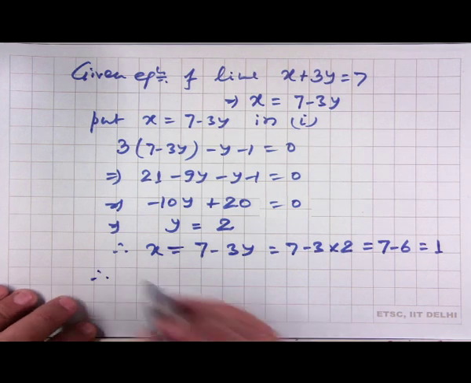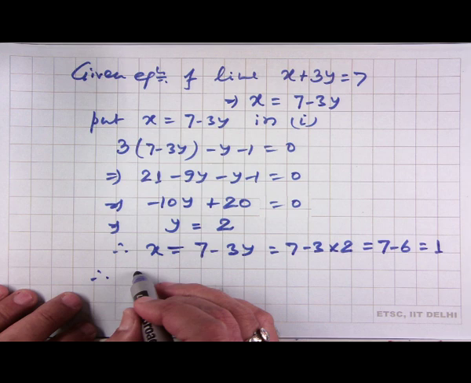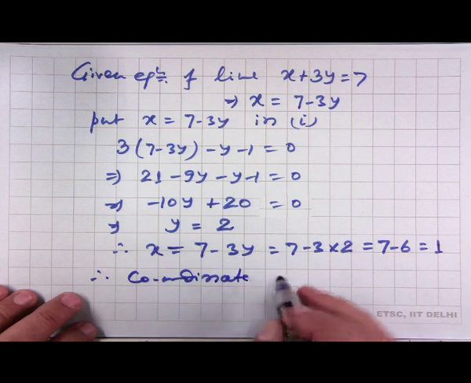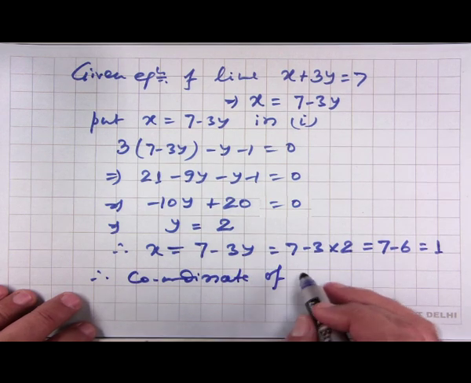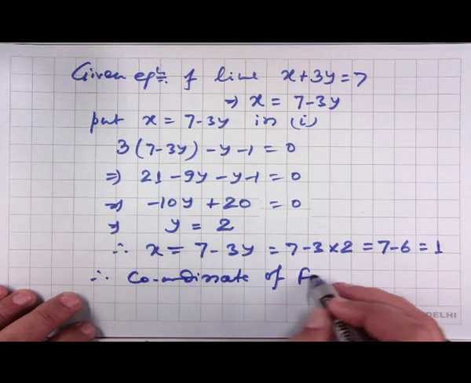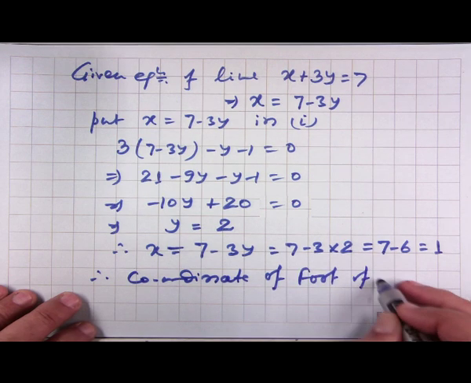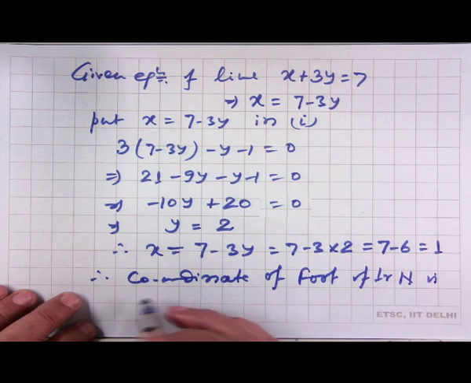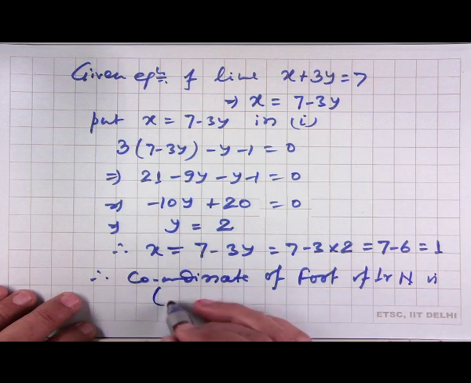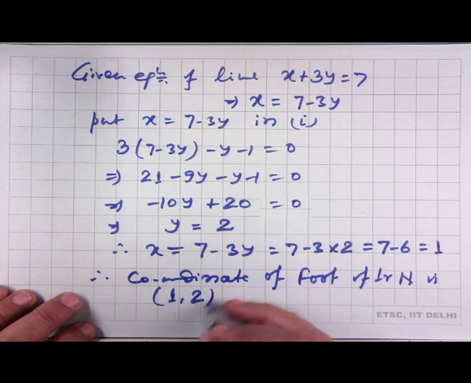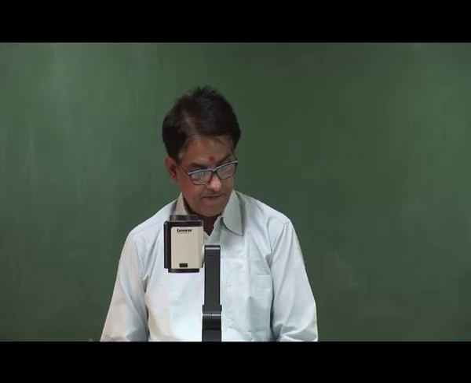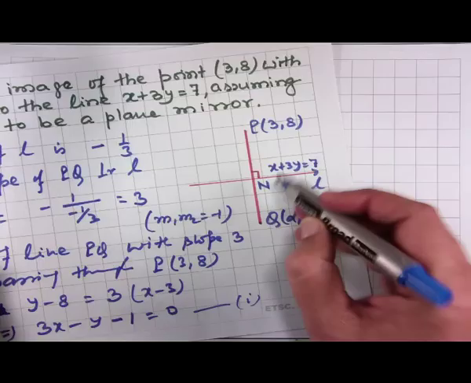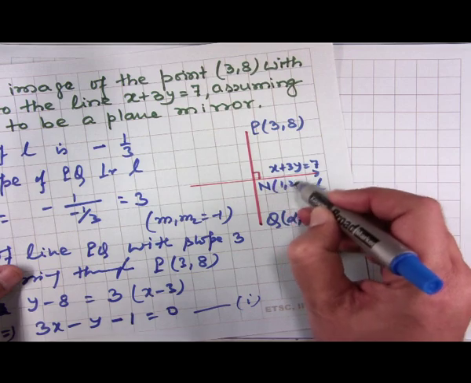So the coordinate of foot of perpendicular N is 1, 2. So the coordinate of this foot of perpendicular is 1, 2.